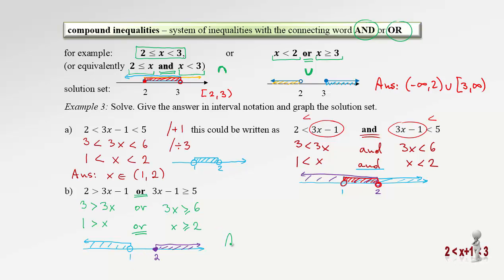Therefore, our final answer for these two inequalities will be the union of these two segments, which means we go from the left, from minus infinity until 1 without 1, and then union with the second segment, which starts with 2 and goes until infinity. Okay, I hope you've got it. Why don't you help this stick figure to solve the simultaneous inequalities?